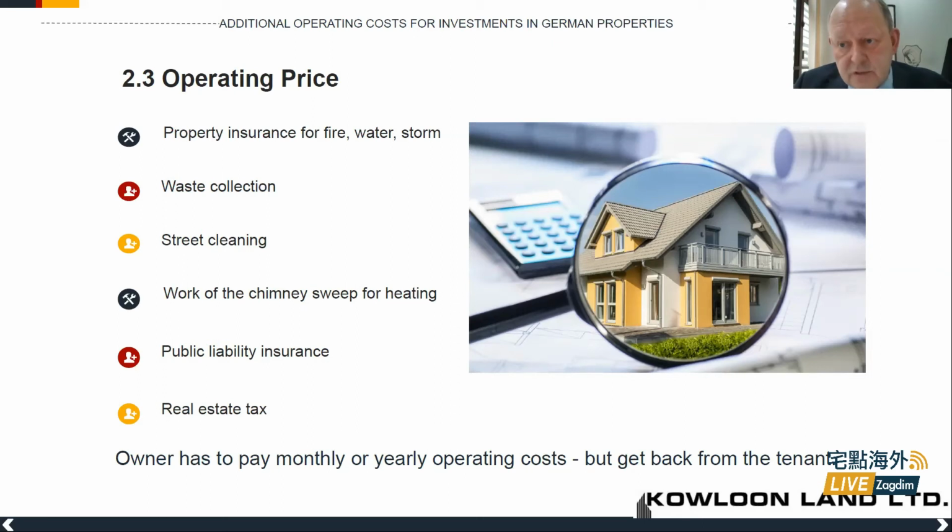Last one, what is really interesting, is the real estate tax. This is in the meanwhile one of the most discussed points in Germany, because it also depends on the area where you have your investment.